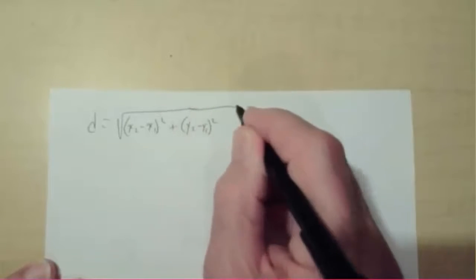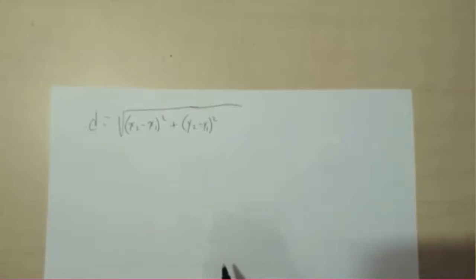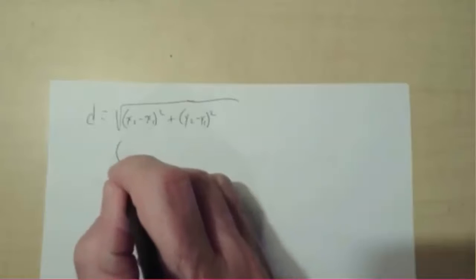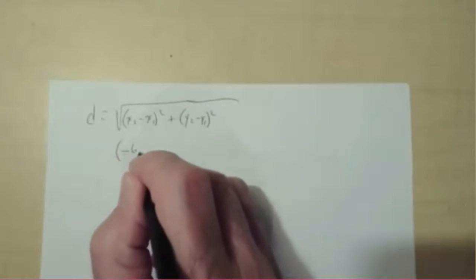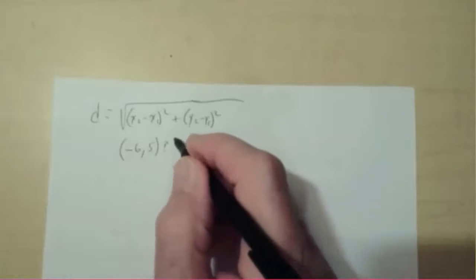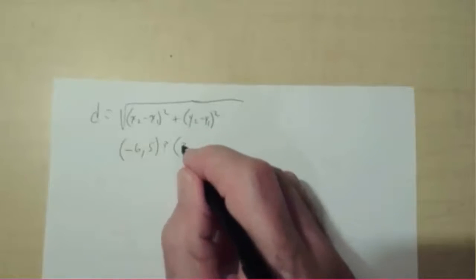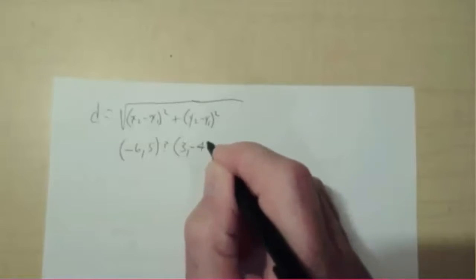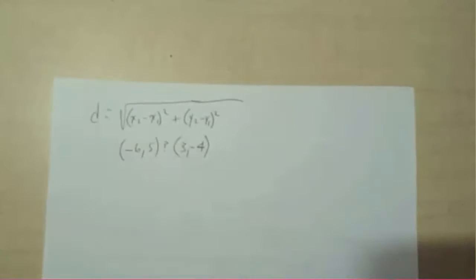So what if we have the most difficult one of these kind of problems, if you got some negative numbers in here. So let's say we have (negative 6, 5) and (3, negative 4). Okay?